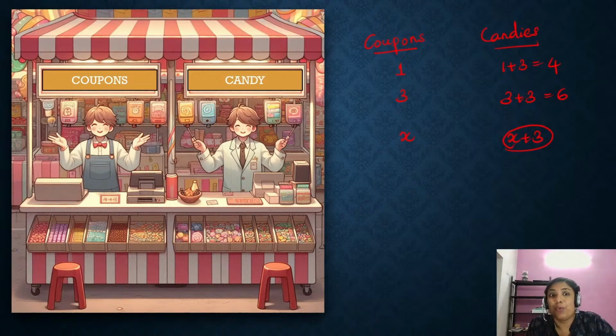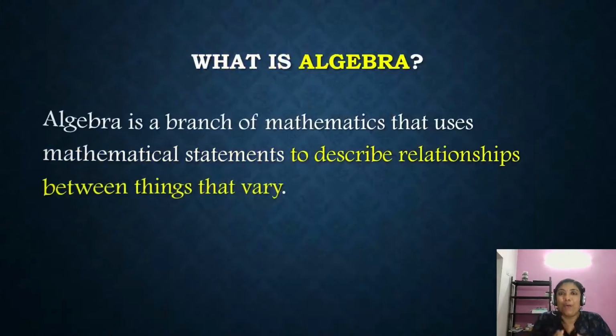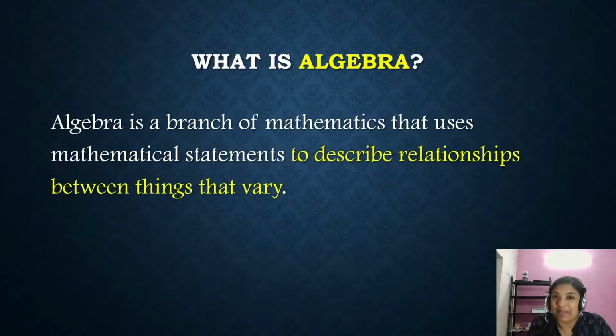The number of coupons, right? So number of coupons was varying and one thing was fixed. What was it? That offer, three extra candies, right? So algebra is a branch of mathematics that establishes a relationship between quantities, and among that one quantity will be varying.